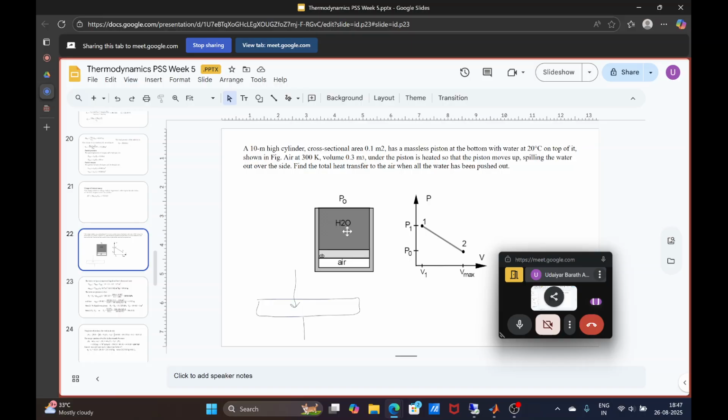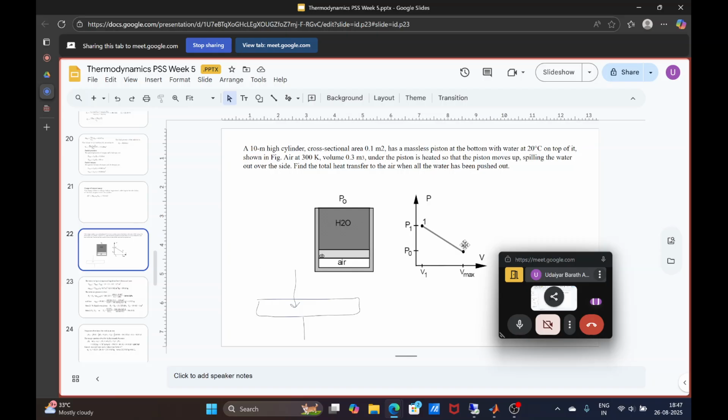So the pressure exerted by the mass of water will balance the pressure of the air. Since the mass is reducing and the water is spilling, this will keep on reducing over time. Since your area is constant, the volume change is dependent only on the height of the water. So the pressure varies linearly with respect to the height of the water.